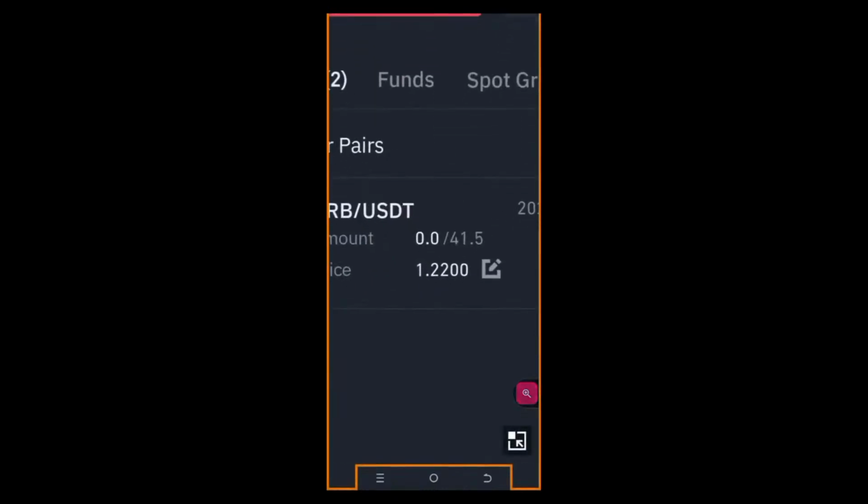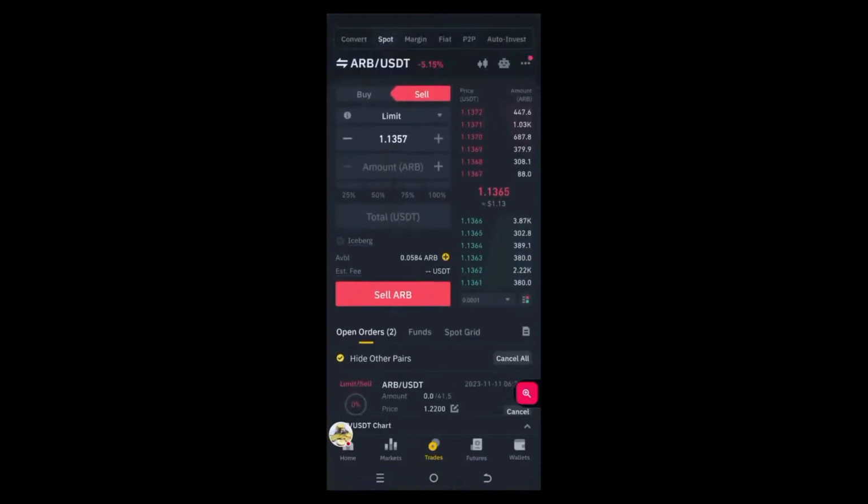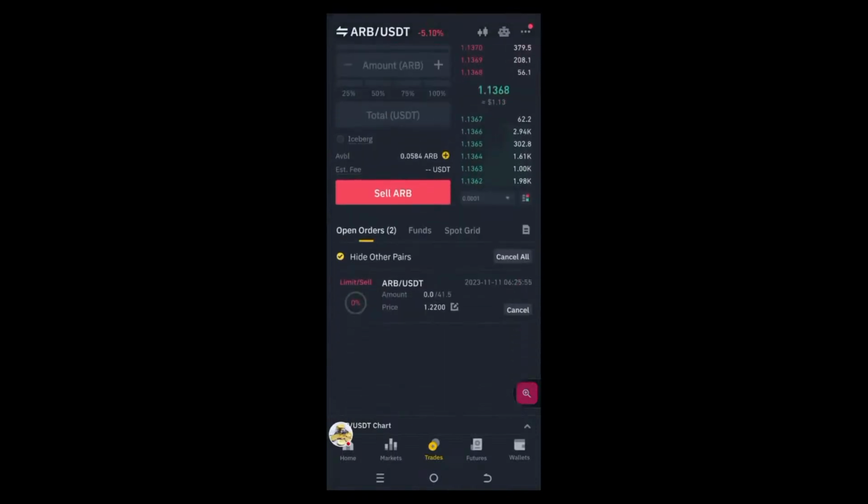That's the price of ARB I want to get, right? But it's currently 1.13, because it's going down. So I'm just going to set it to get that, so that even if it takes me 1 or 2 days, once it gets to 1.22, my take profit or my sell limit will be triggered, and I will get the money and the profit that goes with it.